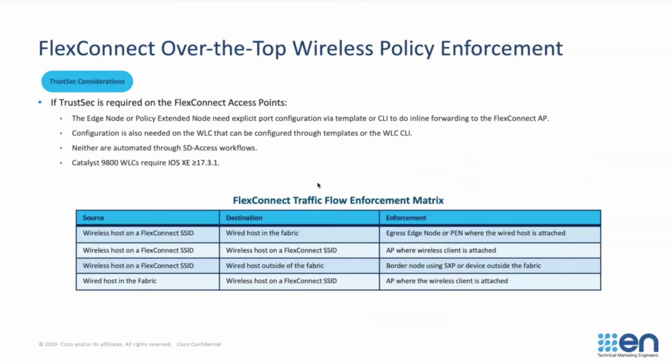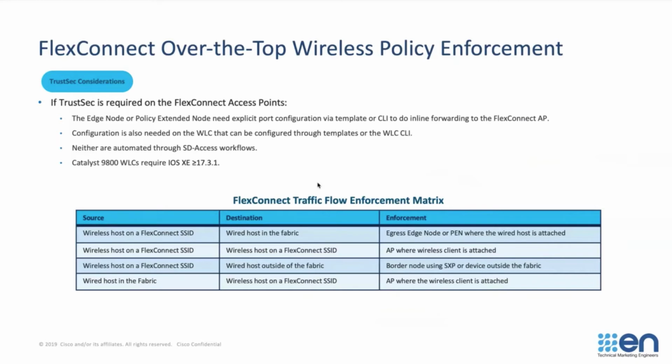With respect to the policy enforcement, as I mentioned, traditional TrustSec behaviors would still apply here. So when you're running any wireless host configuration, which includes IPv6 as well as IPv4 in general, as far as the policy enforcement is concerned, if you're doing wireless to wireless, the enforcement happens at the access point.